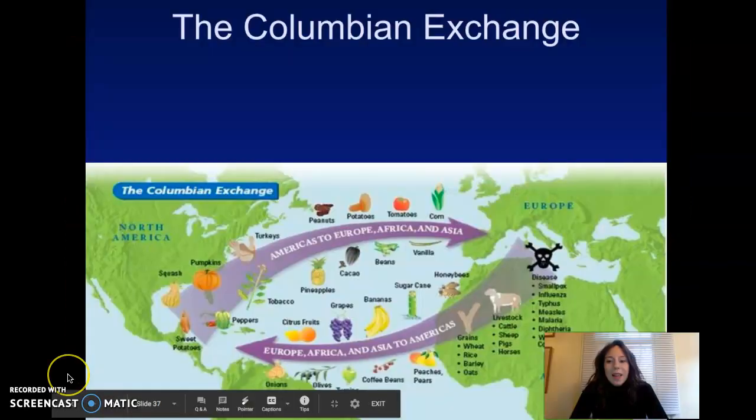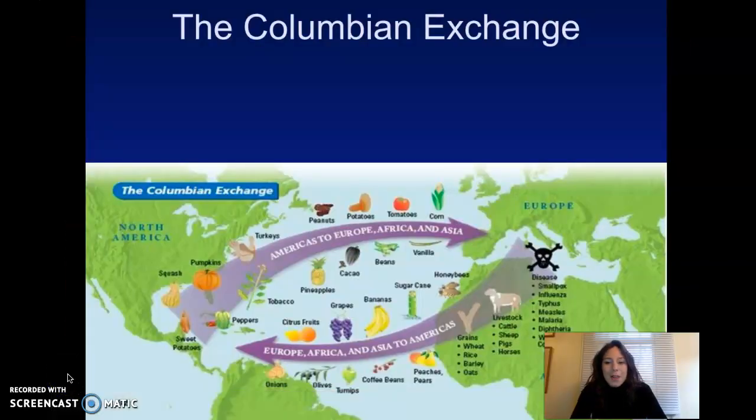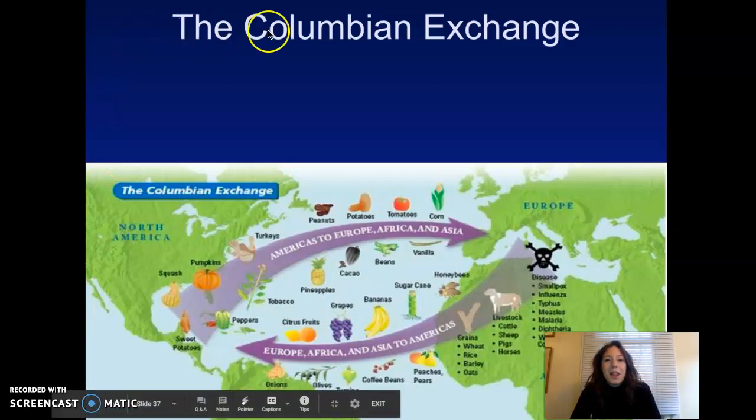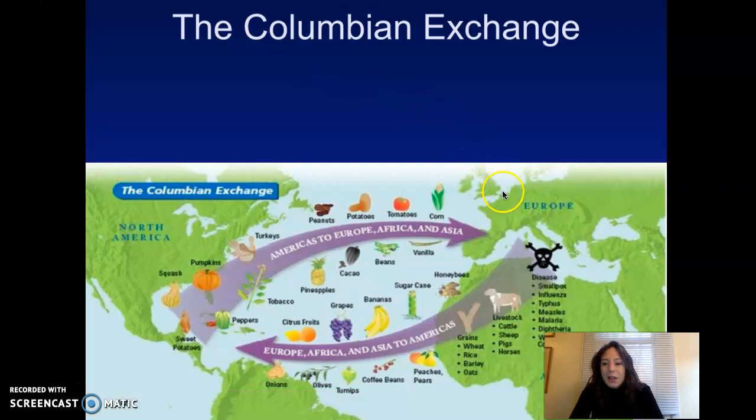So this is what you guys are going to be learning about today. It's called the Columbian Exchange. Basically, what happened was back in the 1500s, starting with, that's right, Columbus, Christopher Columbus, you ever heard of him? Jerk.